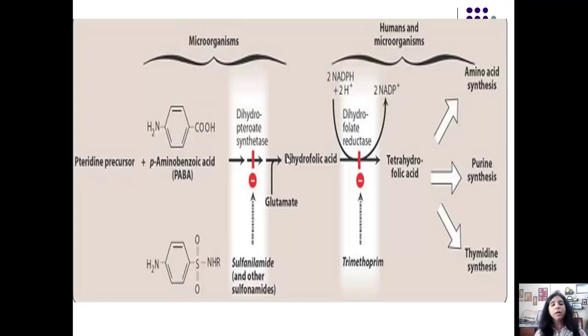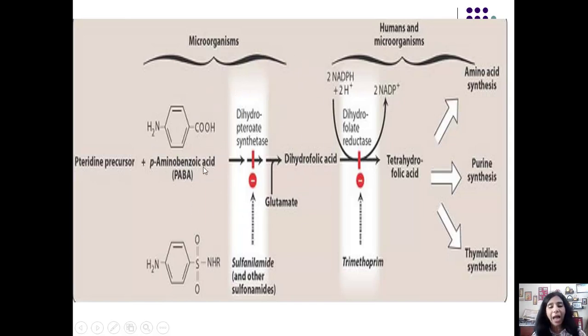Let us go further. As I told you, this reaction is happening in humans and microorganisms. If we concentrate on the microorganism here, the bacteria, the pteridine precursor along with PABA and glutamate is required for the synthesis of dihydrofolic acid, and this happens under the influence of the enzyme dihydropteroate synthetase.